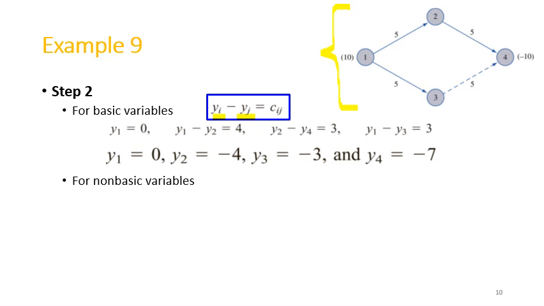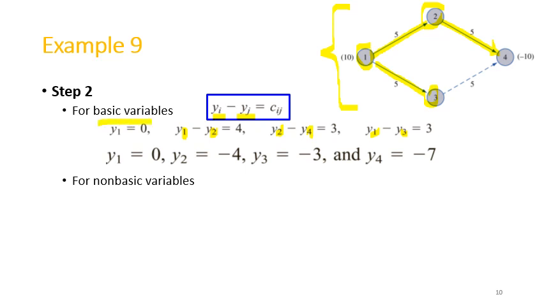For example, the basic variable x12 gives the indices y1 minus y2. Then x24 is a basic variable, so here you have y2 minus y4. And finally, x13 will give you y1 minus y3.